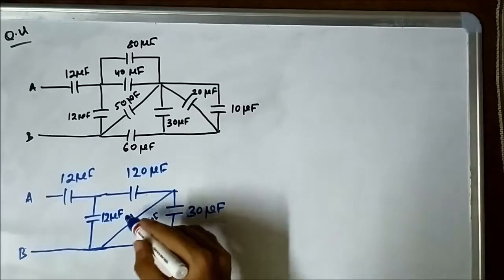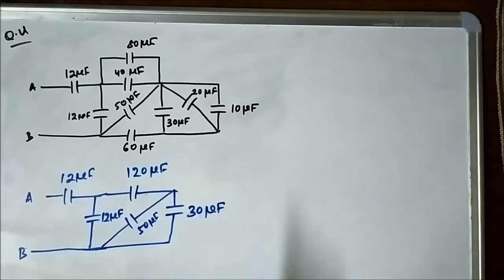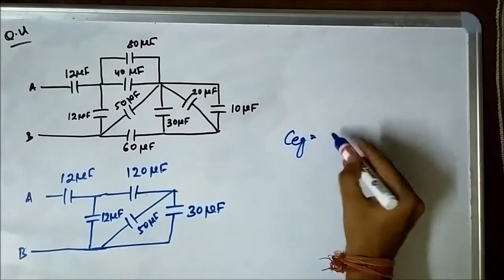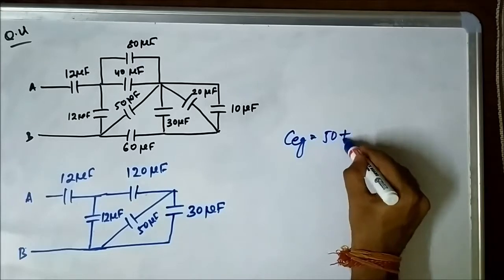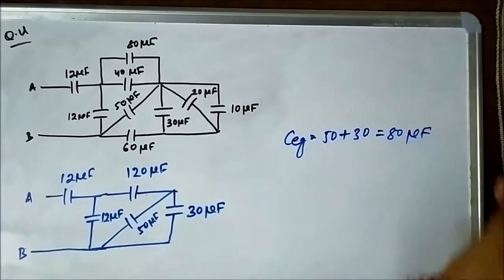So the equivalent capacitance of this combination will be simply the addition of these two capacitances, 50 plus 30, which is equal to 80 microfarad.